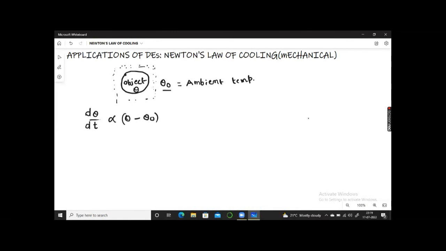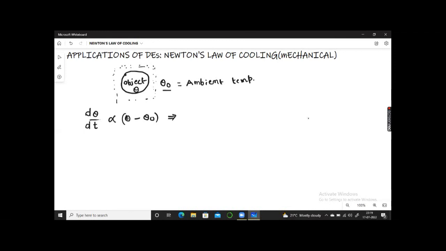So d theta by dt is directly proportional to theta minus theta naught. Why? Because rate of change of temperature of an object is directly proportional to the difference in the temperatures between the object and the surroundings.